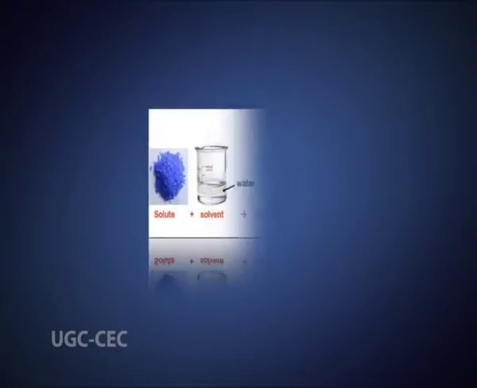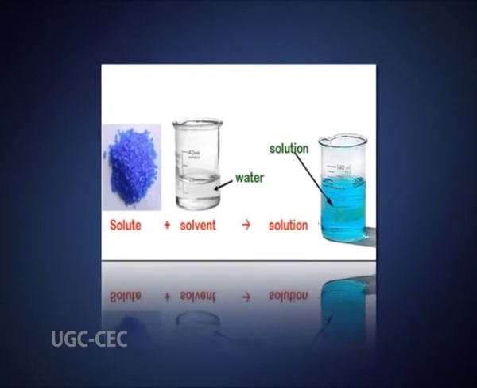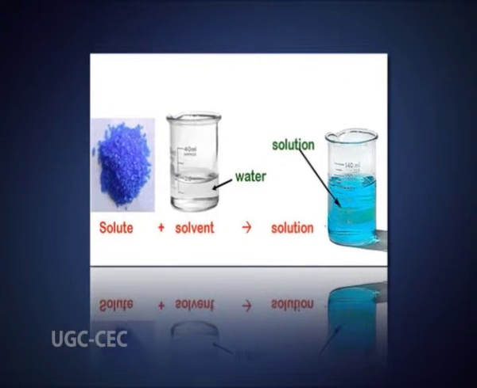In case of binary solution, the component or constituent present in smaller proportion or amount is called solute, and the one present in excess or larger amount is called solvent. In the aqueous solution of sugar, sugar is solute and water is solvent. The solution may be classified on the basis of solubility.